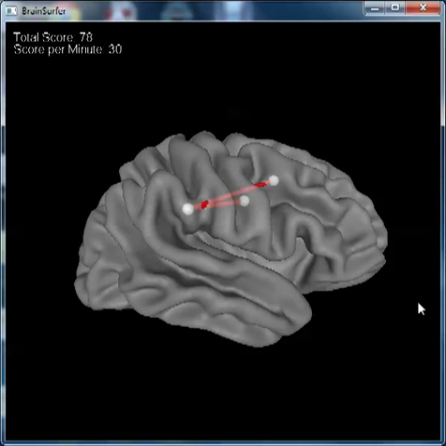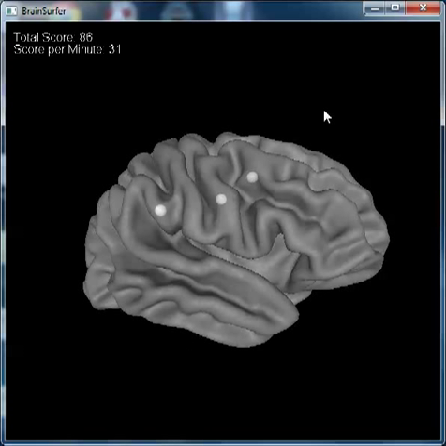So in any case, this is an example of the BrainSurfer software that allows one to assess deviation in nodes and connections between nodes and networks of the brain related to patient symptoms, as well as to use biofeedback to reinforce periods of greater stability and greater regulation.